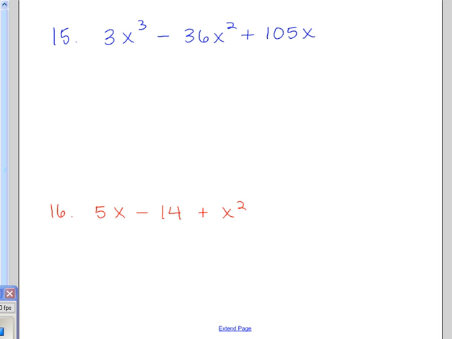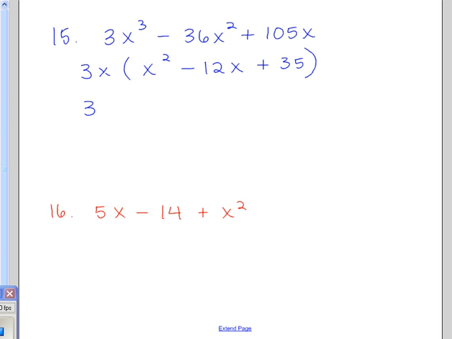Again, we have a common factor. 3 will go into every term, and each term has an x. So if I factor out a 3x, that will leave me with x squared minus 12x plus 35.